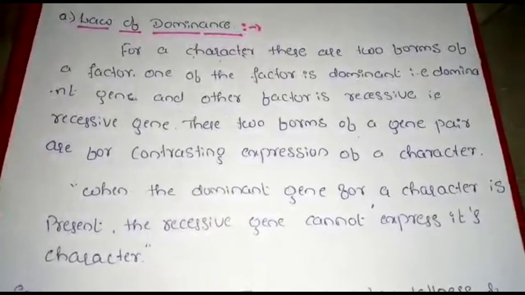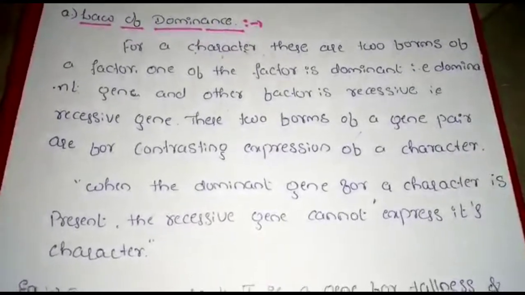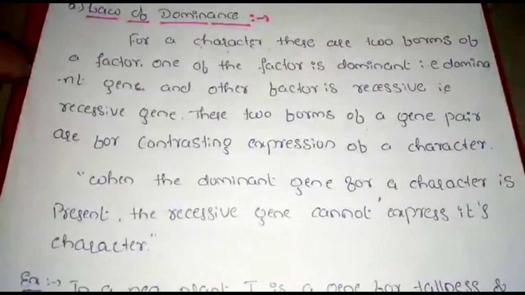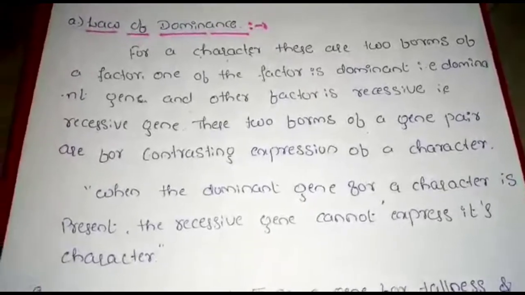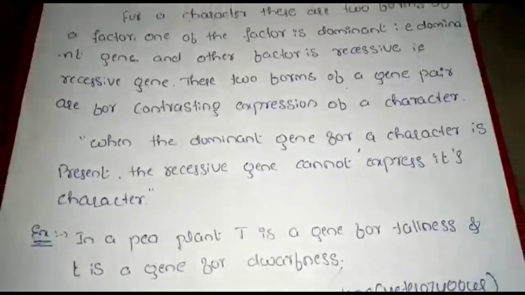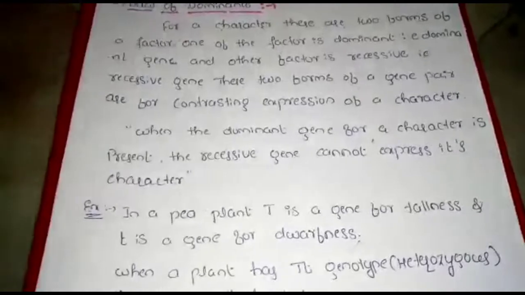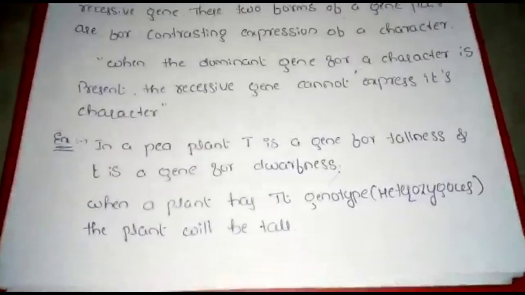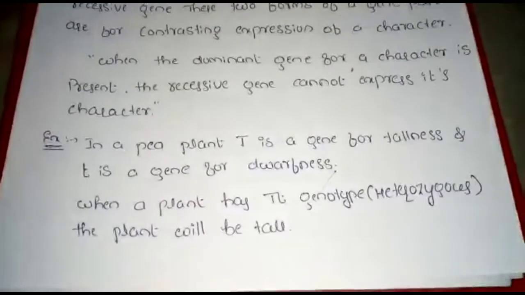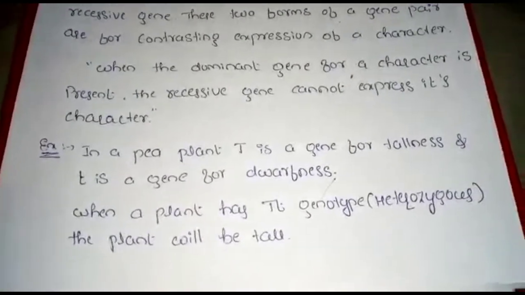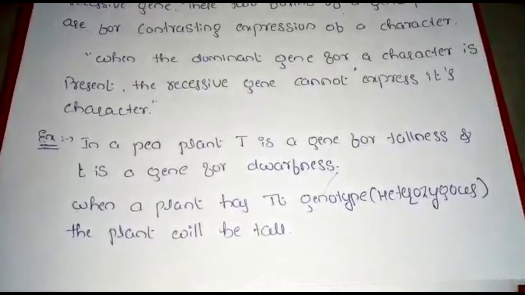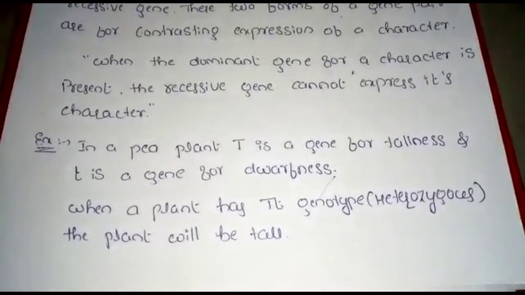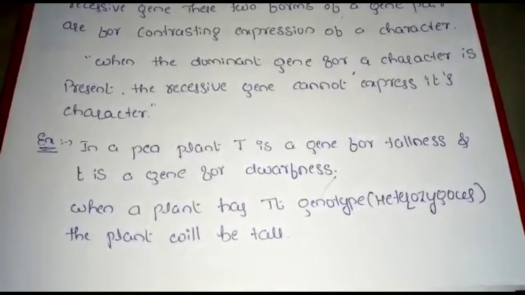If the dominant gene expresses its character, the recessive gene is suppressed. For example, in a pea plant, capital T is tallness and small t is dwarfness. Tallness is the dominant character, and small t is recessive.